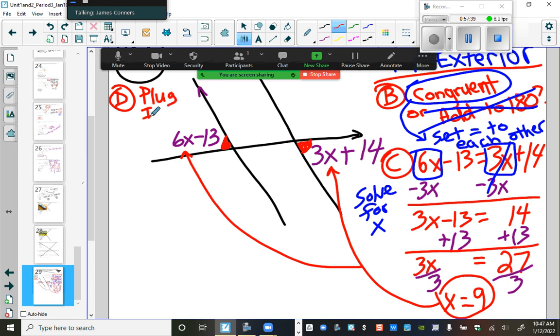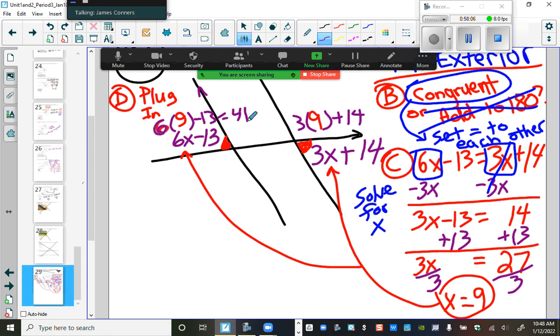I got 41. Okay, because then 6 times 9 minus 13, with 3 times 9 plus 14, in both cases you get 41. And just to add on, the other angle would have been 139.